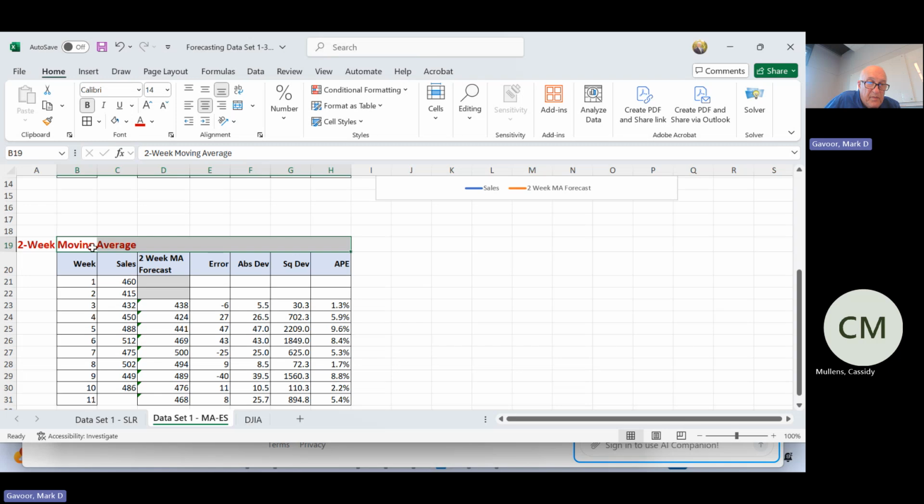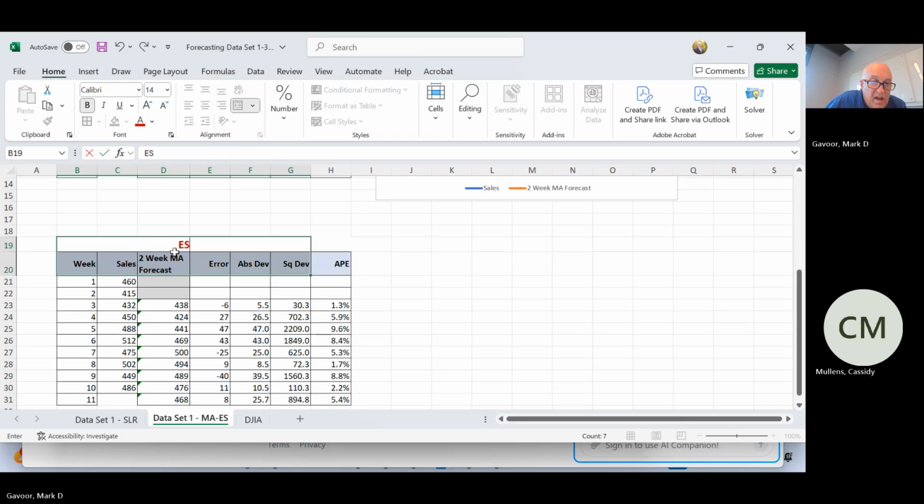Unmerge. And I'm going to merge right to there. I'm going to leave one open. And I'm going to say merge to there. And I'm going to call it exponential smoothing. Exponential smoothing. Alpha equals. And what should we make alpha?